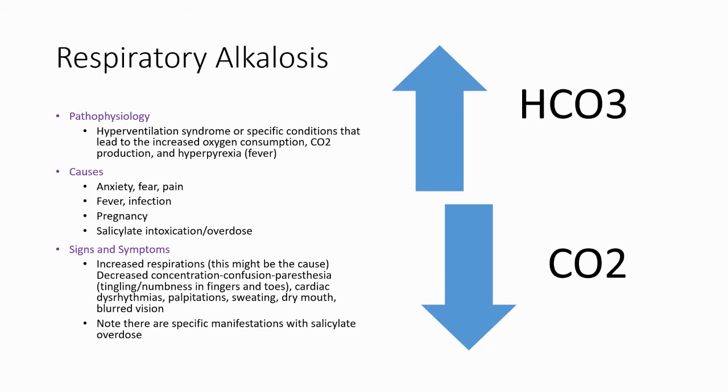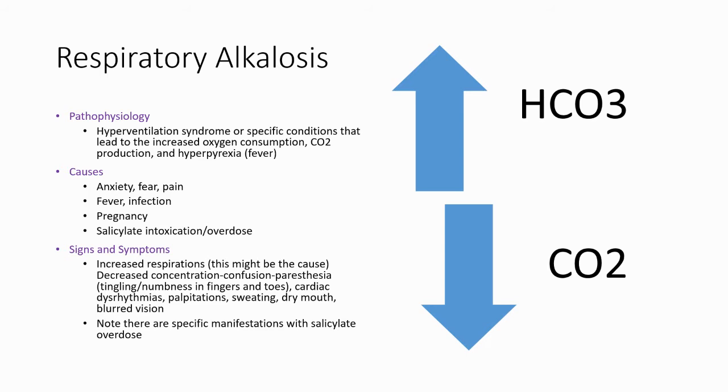So what signs and symptoms might we see with this? Well, we'll see increased respirations. Of course, this might be the cause if they're hyperventilating. And then we'll see decreased concentration, confusion. They'll get this characteristic paresthesia, or tingling and numbness in the fingers and toes.